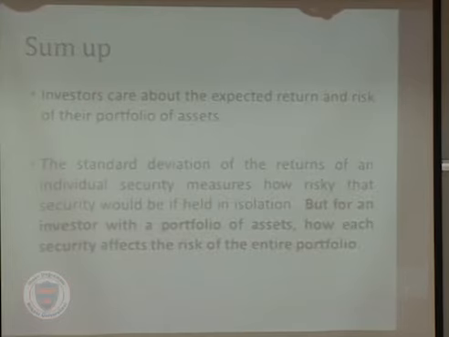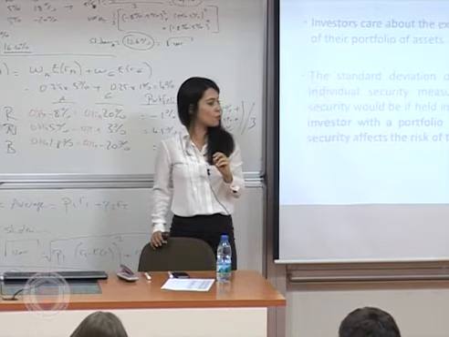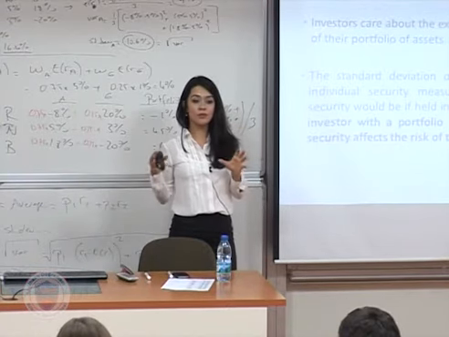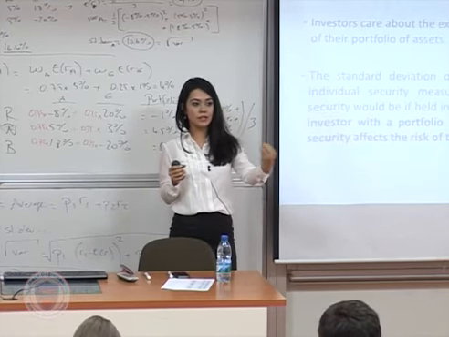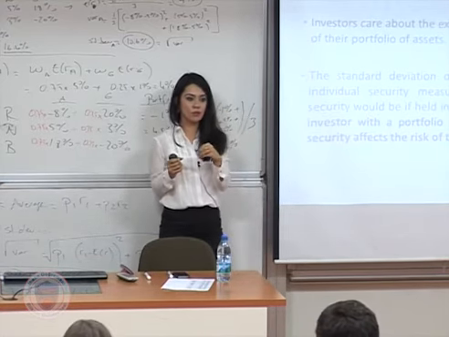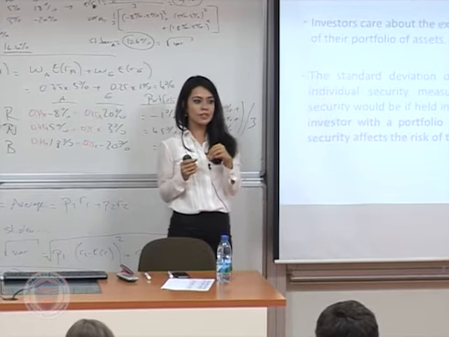Basically, when we are looking at individual stocks, this is important because we are moving into the capital asset pricing model a little bit. When you're picking individual stocks, standard deviation of returns is important for you. But when you have a portfolio, how each stock will affect the riskiness of your portfolio is what matters.